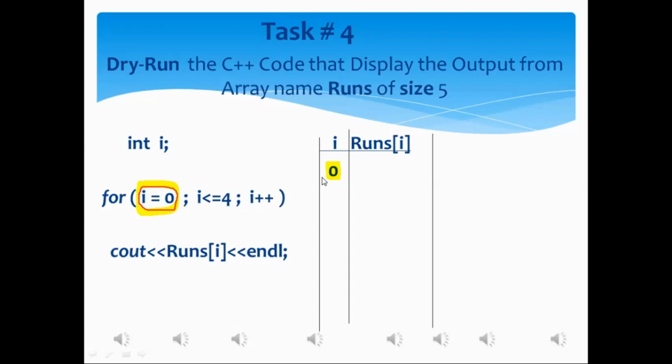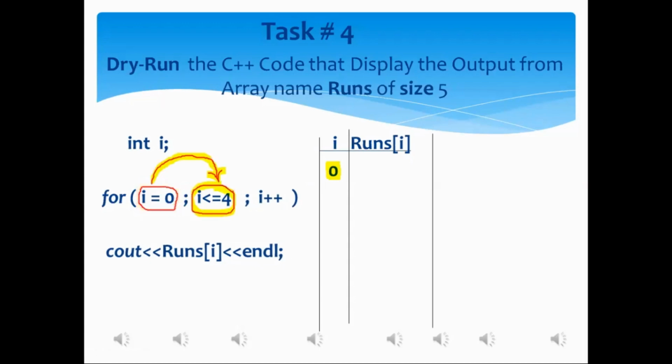Mr. Aftab, after the execution of the initialization statement, the control of execution will be shifted to the condition statement. Okay, my dear? Yes, sir. If you look at the condition, what is the condition over there? I is less than or equal to 4. Okay, what is the current value of I? 0, sir.